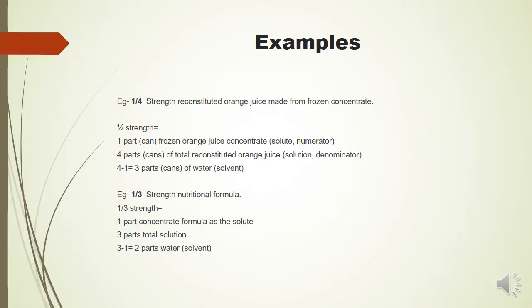That's 1 part. Our total solution volume is 3 parts. So we subtract our 1 part of known solute from our 3 total parts, and we know that we added 2 parts solvent to come up with that final concentration of 1/3 strength. So this is what it looks like when we do this.